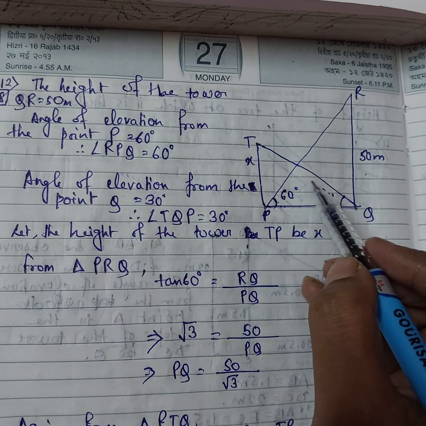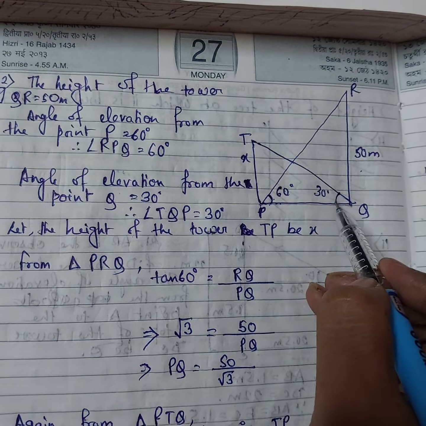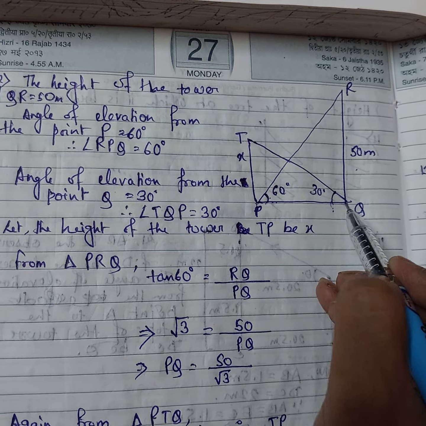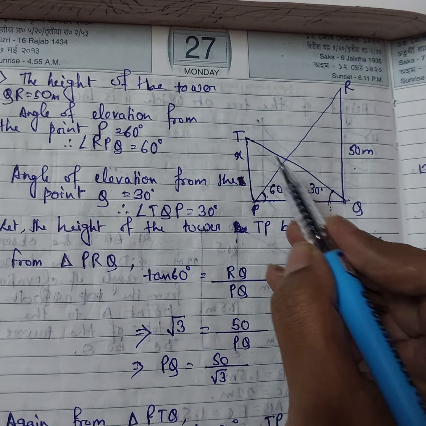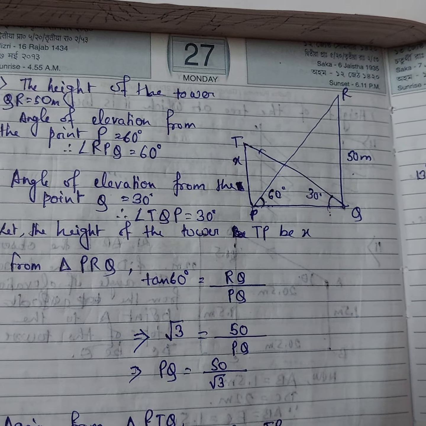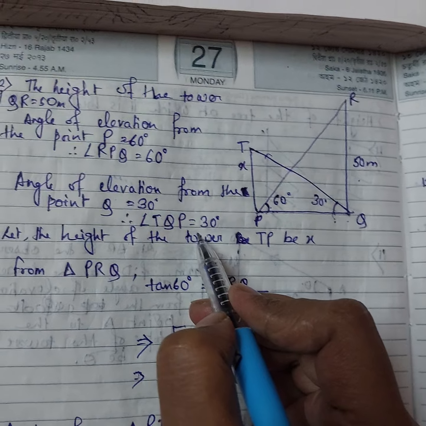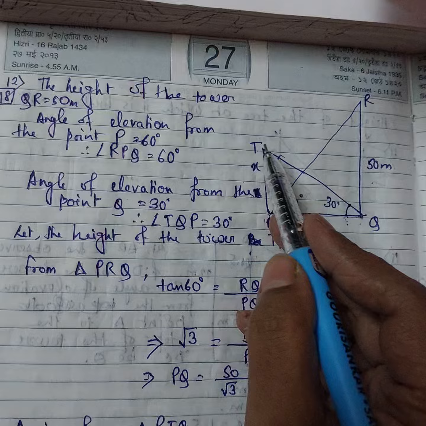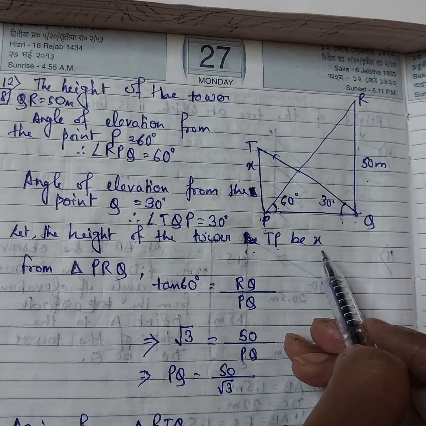Again the angle of elevation from the point Q to the point T will be 30 degree, since the observer is at Q and the object is at T. The observer is looking in an upward direction at the top of the tower, so TQP will be 30 degree. You have to find out the height of this tower PT. So let the height of the tower TP be equal to x.